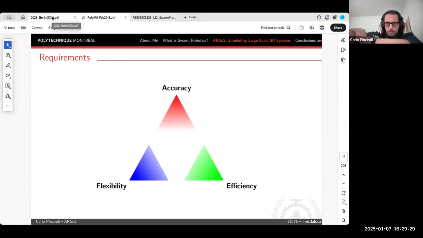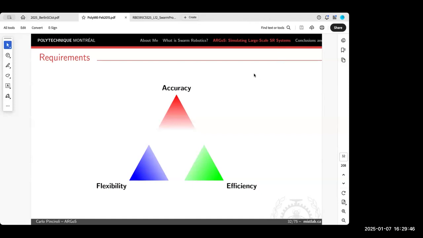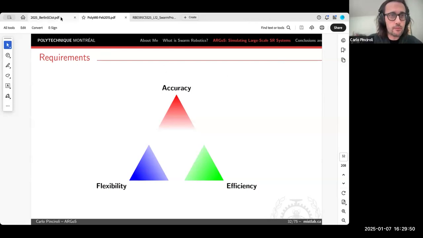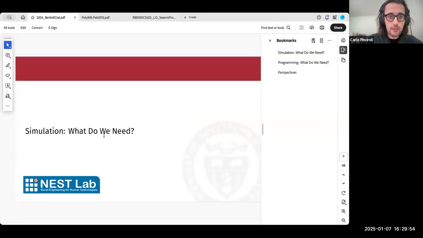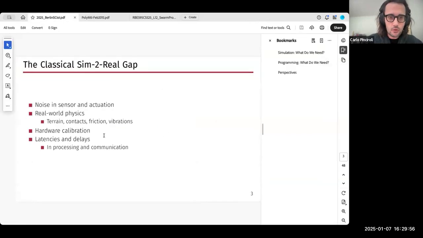Okay. Well, one of the reasons for efficiency is that we have lots of robots. And if you have lots of robots, simulating lots of robots is very hard. But this connects to the problem of the reality gap in particular. And I would like to get to the reality gap.